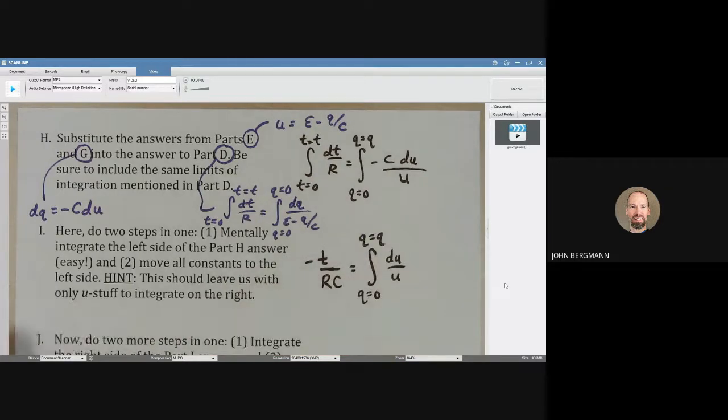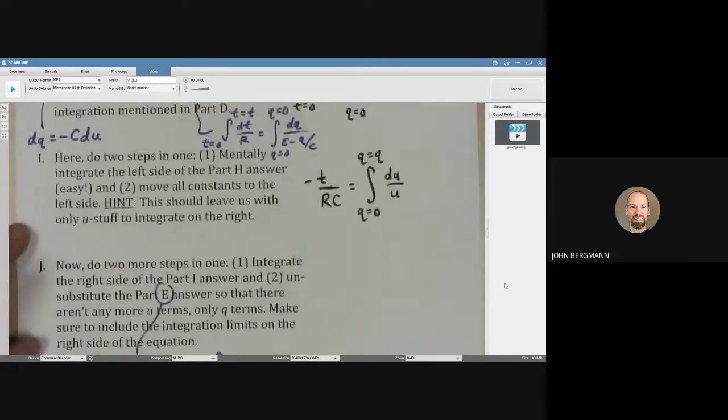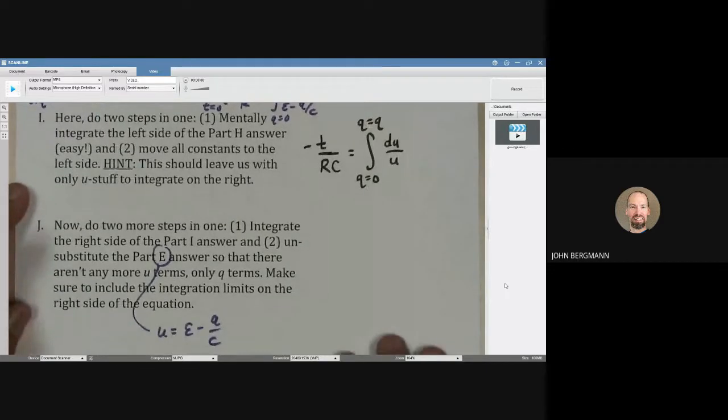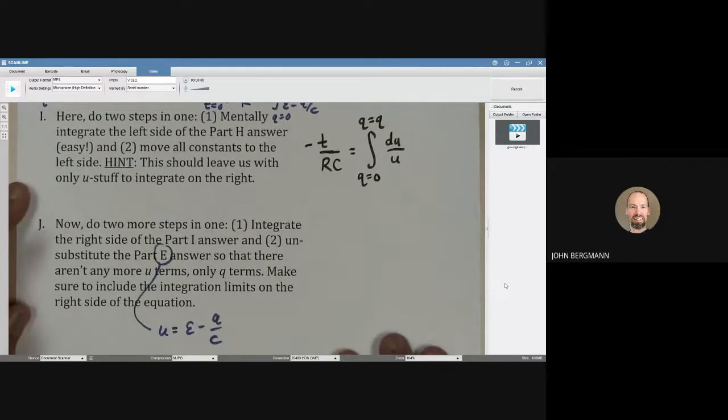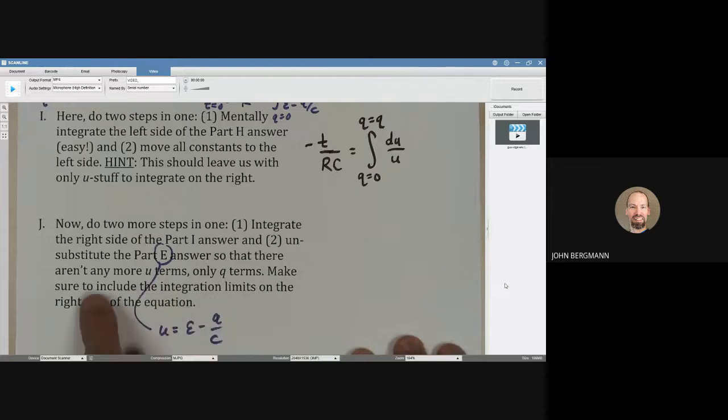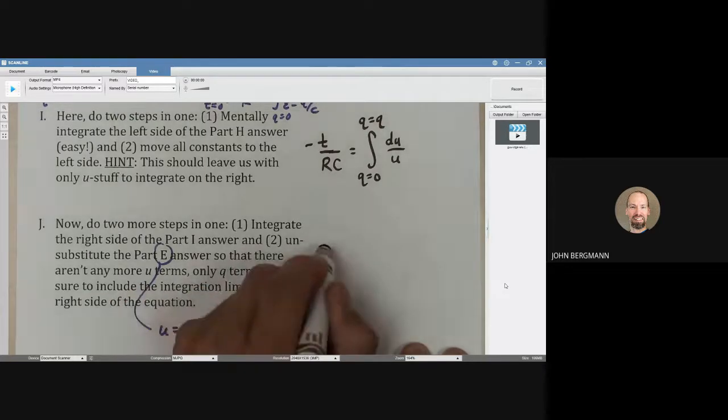Now we're going to integrate the right side of part I, and we're going to unsubstitute the part E answer, which once again is this right here, so that there aren't any more U terms, only Q terms. The left side of the equation will be unchanged, negative T over RC.